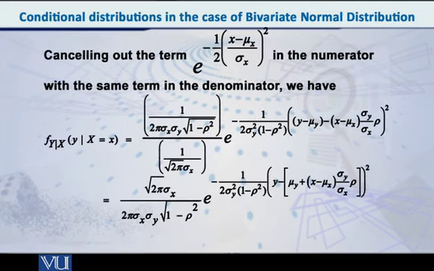So now that that term is gone, we have a little less left to deal with. अब आप देखिए कि जो एक्सपोनेंट के अलावा जो है वो क्या है. In the numerator we have 1 over 2 pi sigma x sigma y into square root of 1 minus rho square, and in the denominator we have 1 over square root of 2 pi into sigma x.